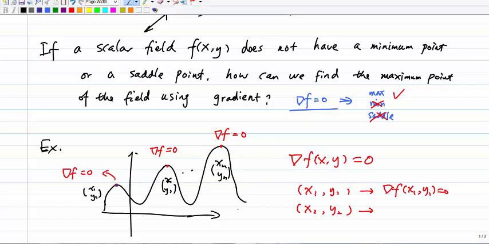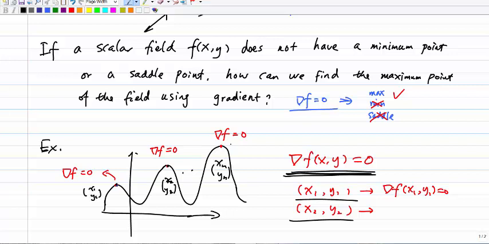So when you take the gradient and set it to be 0, you can check a number of points. At this point x1, y1, the gradient is 0 because it's a local maximum point. You could have another local maximum point x2, y2, and so on up to xn, yn, right?